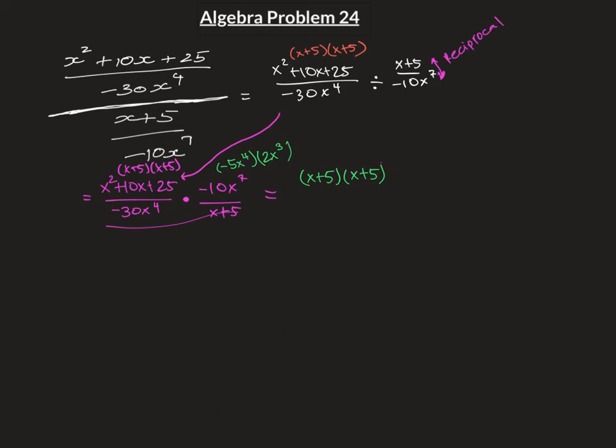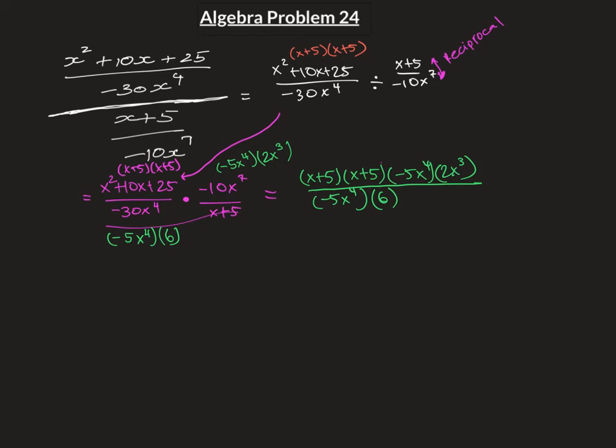And then we can take this as minus 5x to the power of 4 times 6, for instance. Now this will become minus 5x to the power of 4 times 2x to the power of 3 divided by minus 5x to the power of 4 times 6.